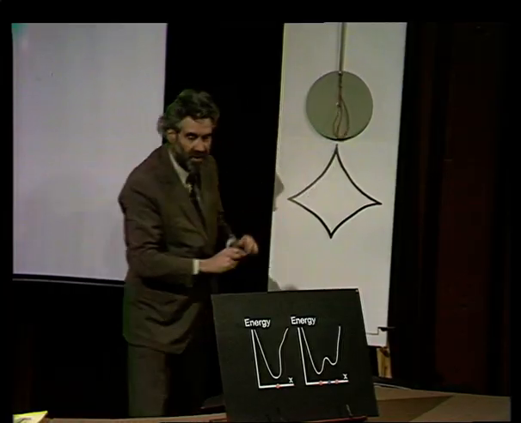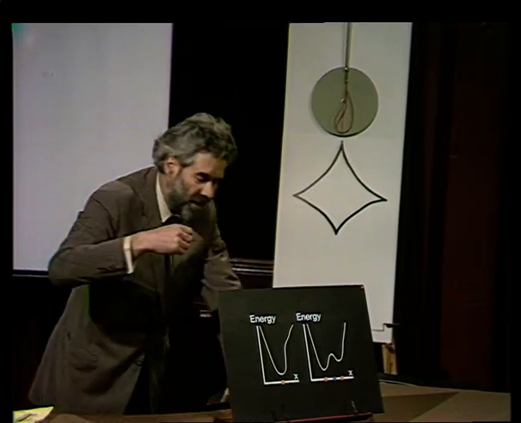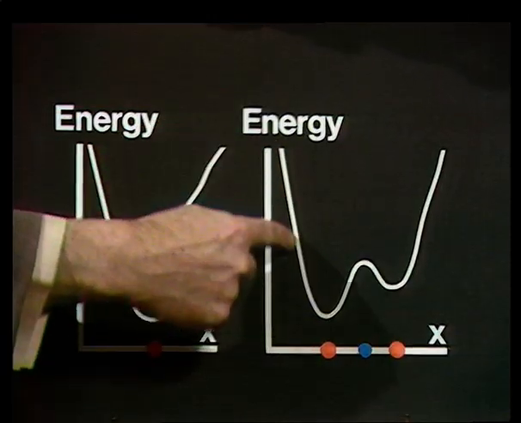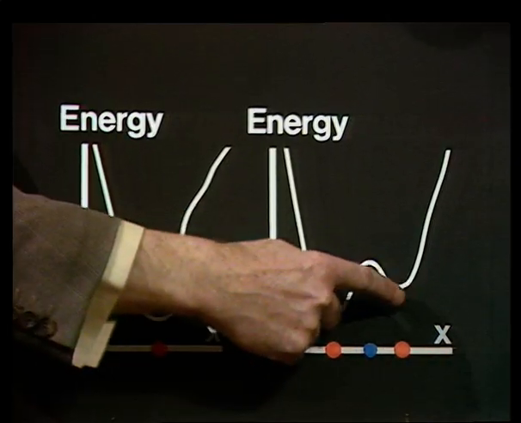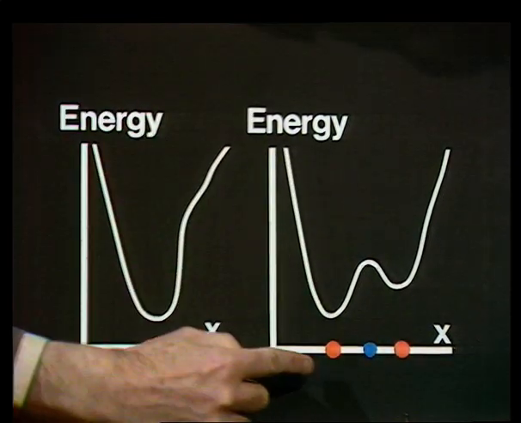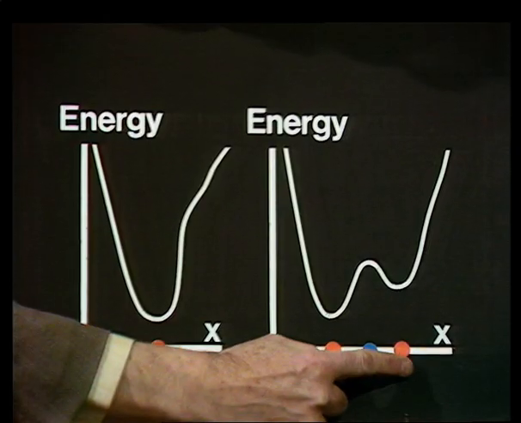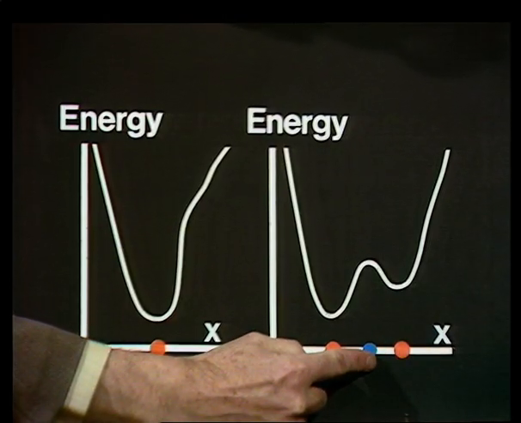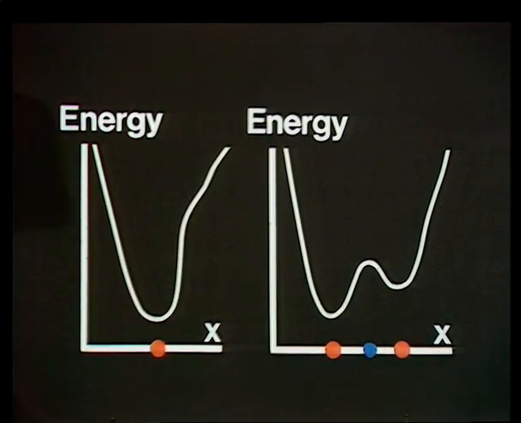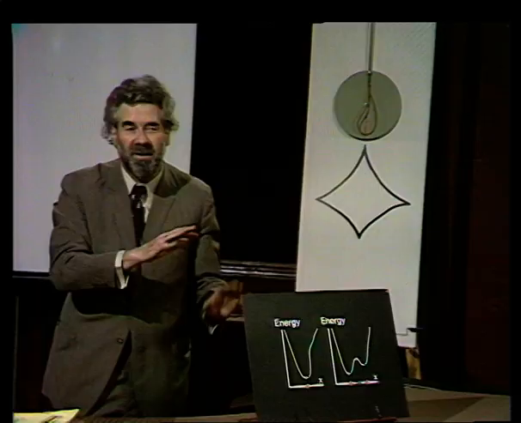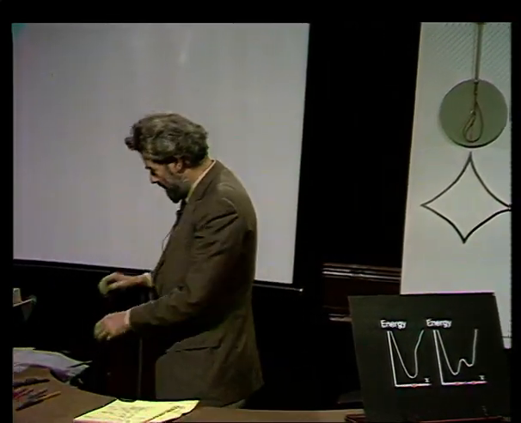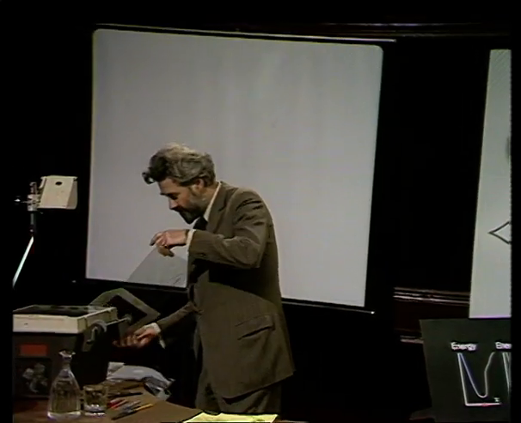So now the corresponding energy graph will look like a W. It will have two minima separated by a maximum. So underneath the two minima, I've put two little red spots, and underneath the maximum, the unstable equilibrium, I've put a little blue spot. And now I want to convert that into a cause-effect graph.